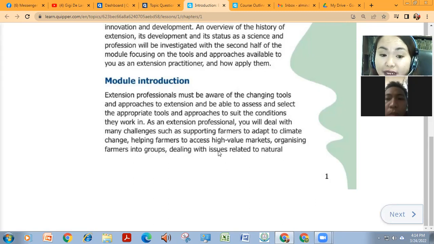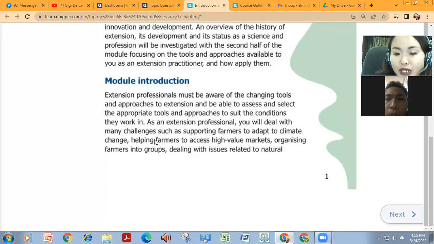So therefore, dapat kabalo gyud ta what are the approaches, so what are the tools that we need to use para they will fit into the kind of environment or suit the conditions they work in. And also as a professional, it's not easy kasi it's different from the classroom setting kasi ang student will definitely follow all the rules and regulation inside the school kasi naaman go yung rules ang school.